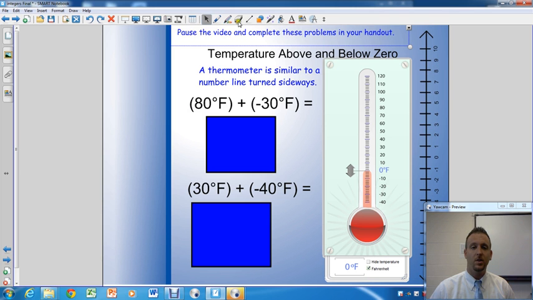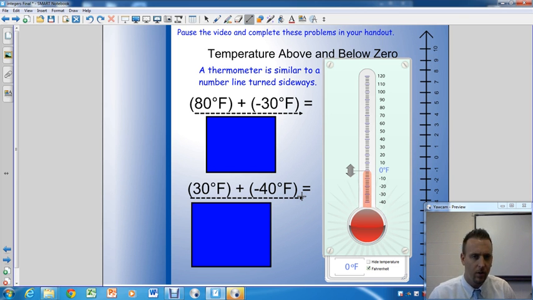Our 2 problems are 80 plus -30, or 80 degrees Fahrenheit plus -30 degrees Fahrenheit. The second problem is 30 plus -40, or 30 degrees Fahrenheit plus -40 degrees Fahrenheit. The problems are done the same way. Please pause the video, use the number line that's printed on your sheet, and answer the 2 problems. Then hit play and we'll review.